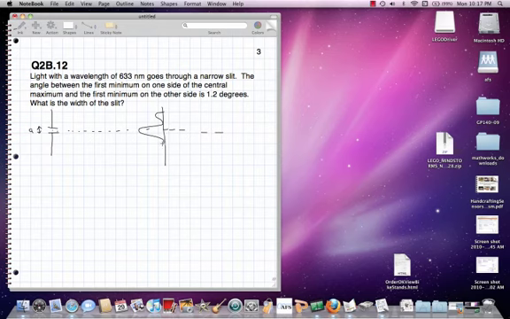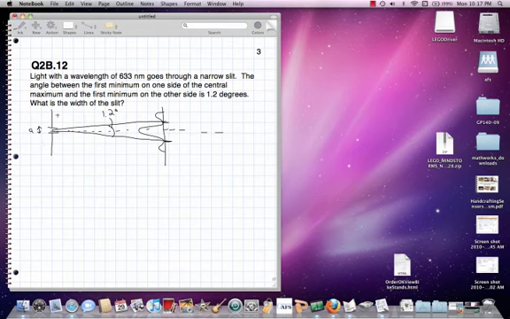What it's telling me is that this angle from here to here is 1.2 degrees.